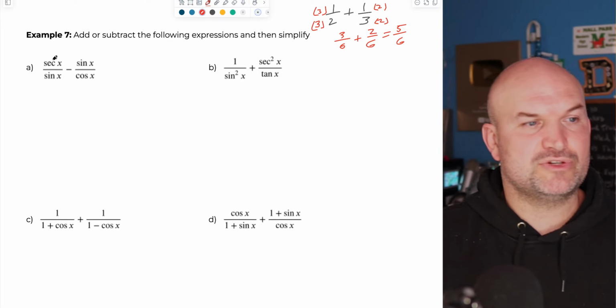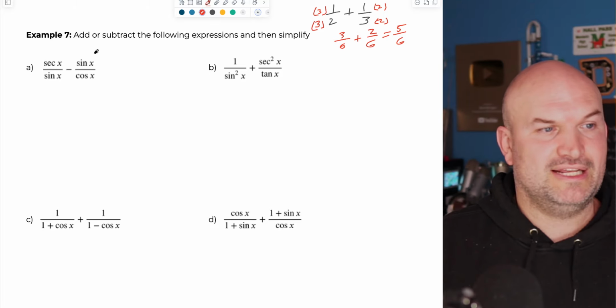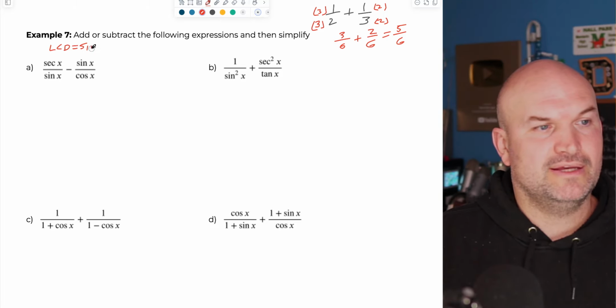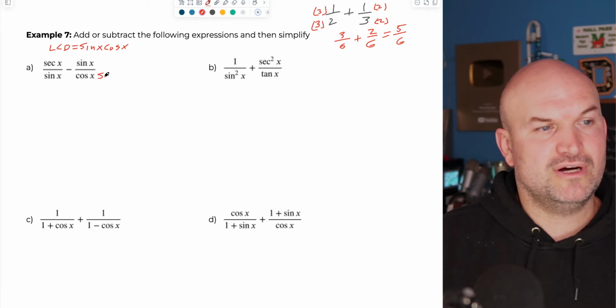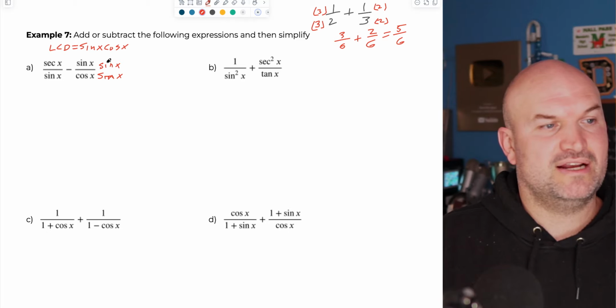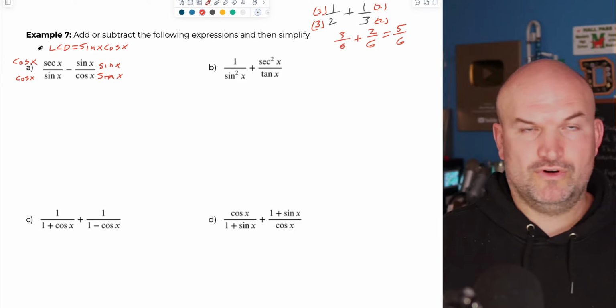So the sine of x times cosine of x will be my LCD. A lot of times I'll write that out in front. I'll say the LCD is sine of x times cosine of x. So here I'll multiply by sine of x over sine of x. And then over here, I'll multiply by cosine of x over cosine of x.